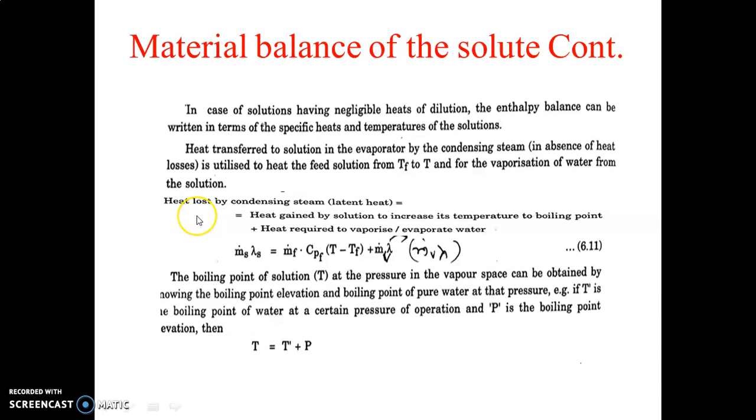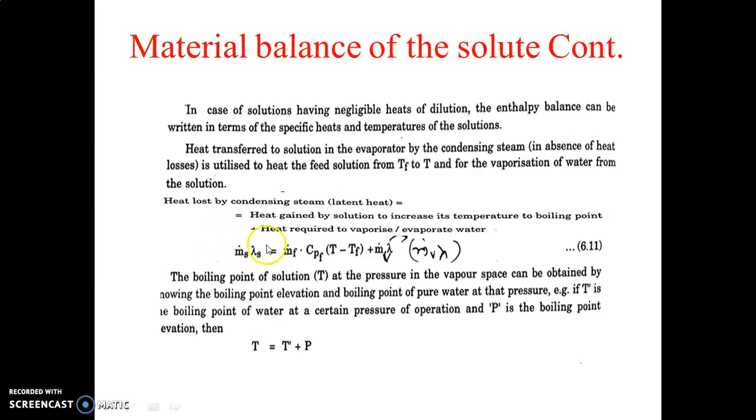Then how is the loss of heat from steam given? We have the formula m dot s lambda s, which is equal to q.